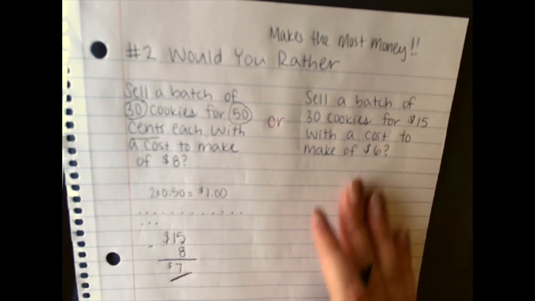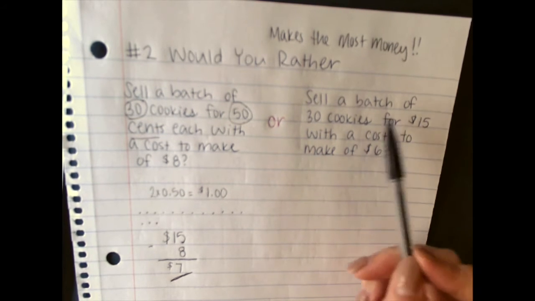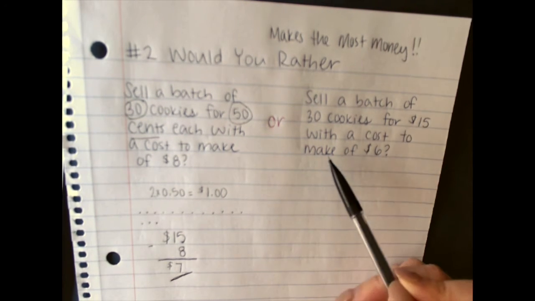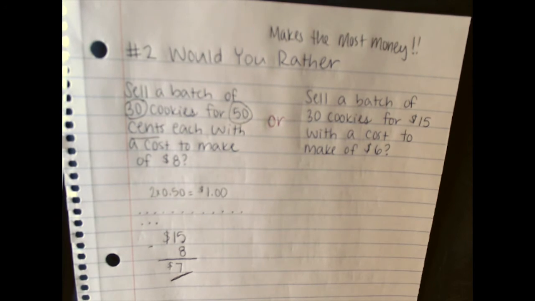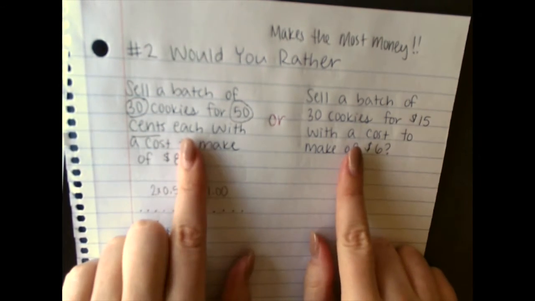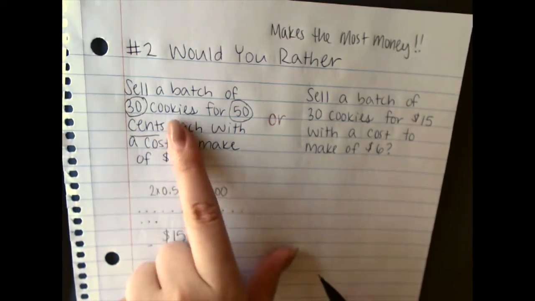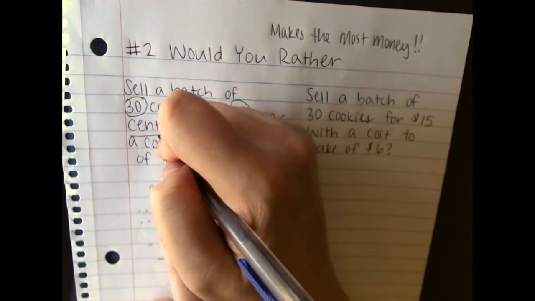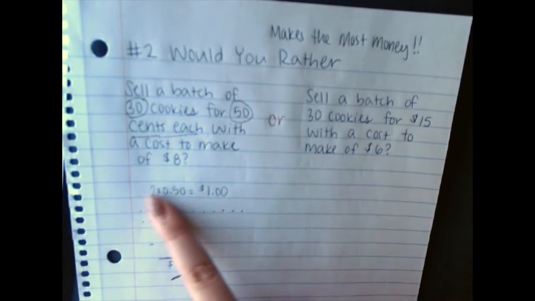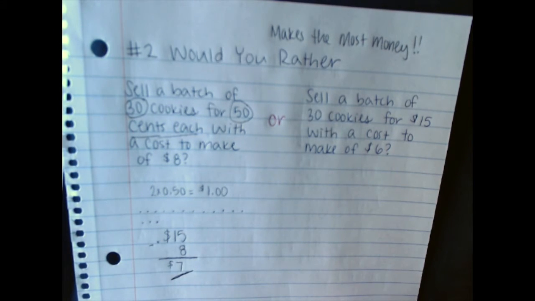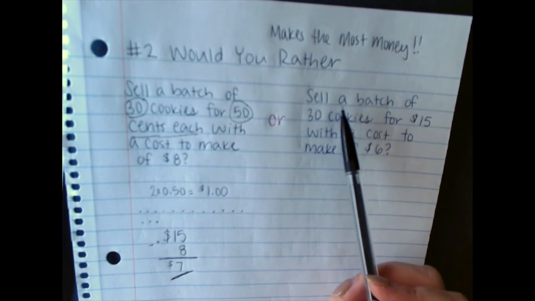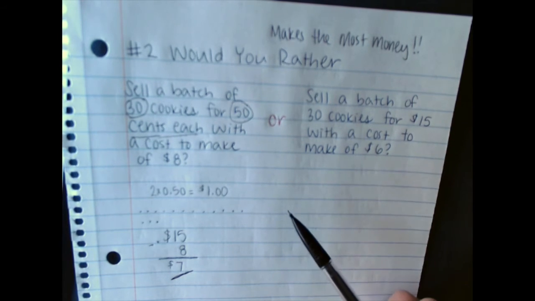So let's see how much money I make with this method. It says I'm selling a batch of cookies for $15 with a cost to make of $6. So this is very similar. The difference is this word here. In our first problem it said 30 cookies for 50 cents each. That's why we had to do this little calculating thing to see how much money they sold those cookies for. But this one already tells us. It says they sold a batch of 30 cookies for $15.